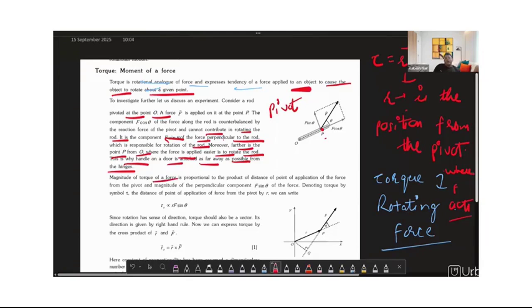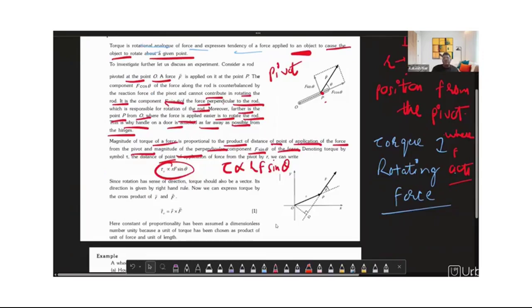The magnitude of torque is proportional to the product of the distance of the point of application of force from the pivot and the magnitude of the perpendicular component, which is F sine theta. Denoting the distance by r, we can write torque is directly proportional to r F sine theta, because cos theta is not causing any contribution.